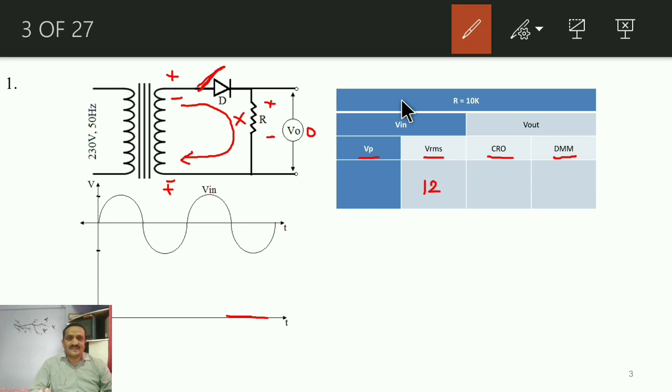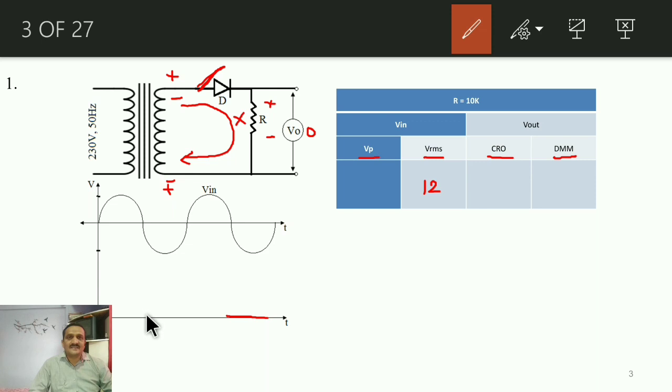Clear? So just imagine, if a DMM is connected across the same terminals, with the CRO as well as the DMM connected over there, the DMM's rotary switch should be placed on DC voltage measurement. It will measure the average value of that pulsating DC which occurs during each positive half cycle like this. So its average value is nothing but what?